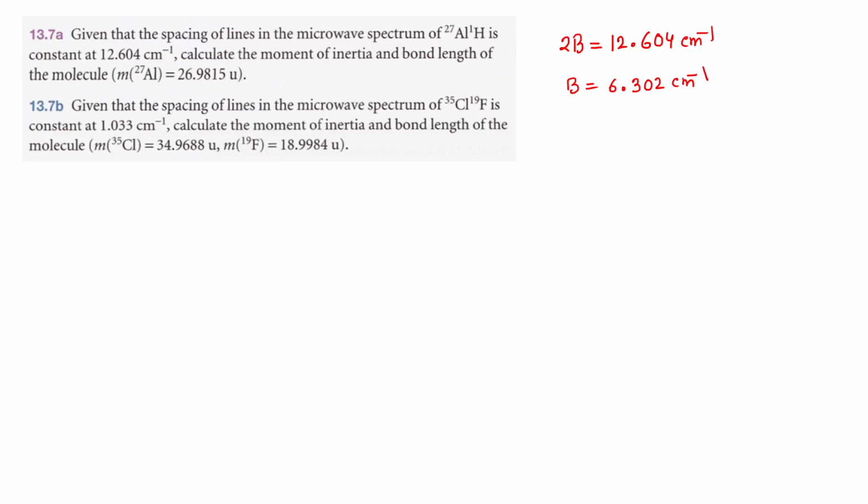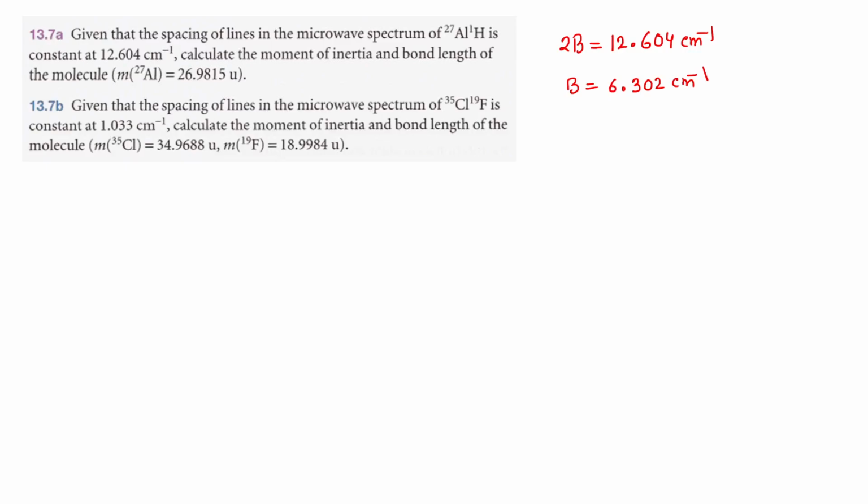I was not actually going to solve this, but that is one of the focuses of this question. Look at the value of the rotational constant. There is a huge change. Here it is something like 6.302 centimeter inverse, and in the other case it is something in the decimal, 0.5, 516 or something like that, right?